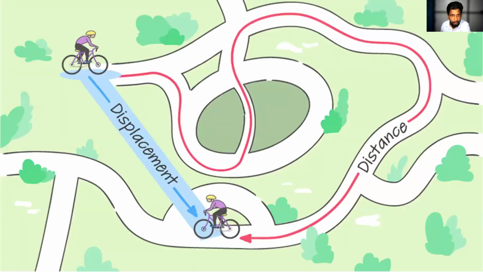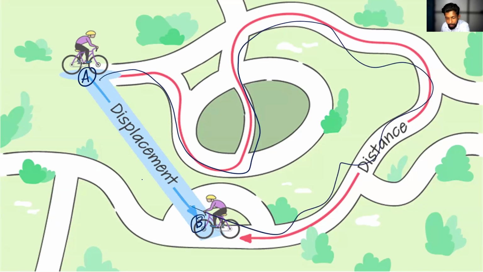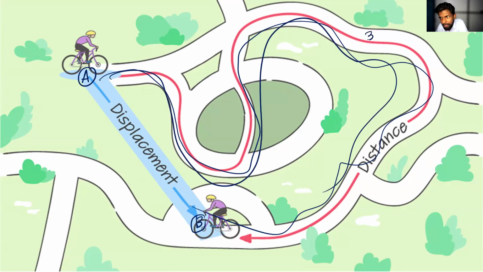Look at the picture here. The cyclist starts the journey from point A and ends the journey at point B. We'll take it like that. So he has traveled like this. Distance means the total length the object traveled. The total length he traveled, just say 300 meters.